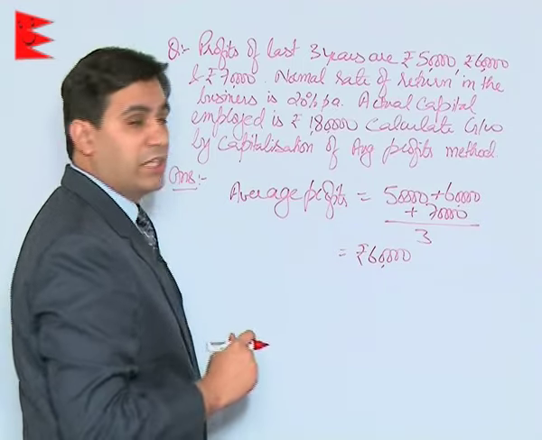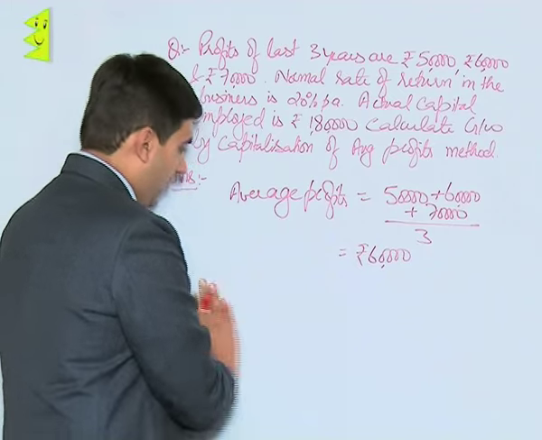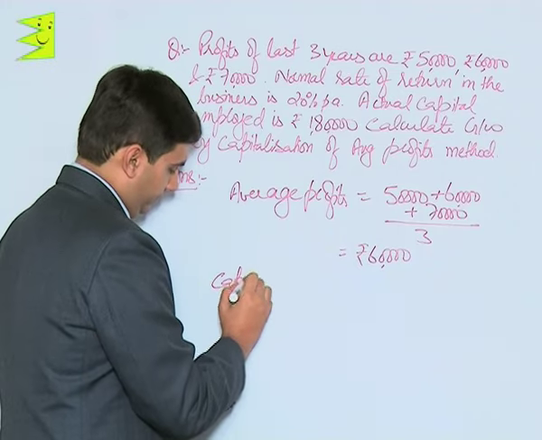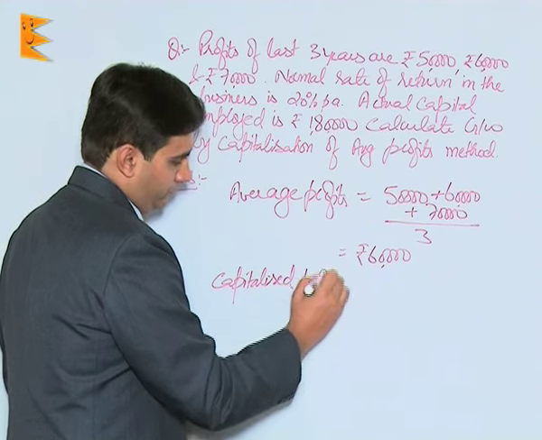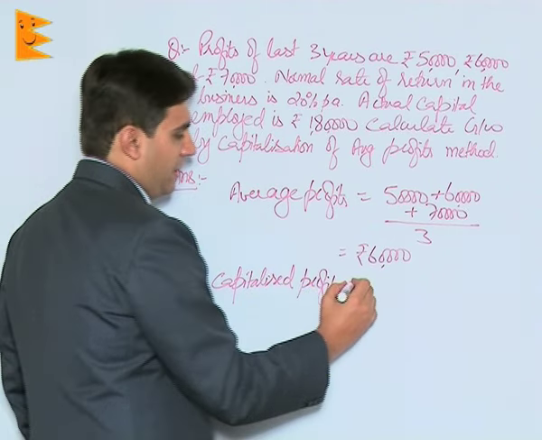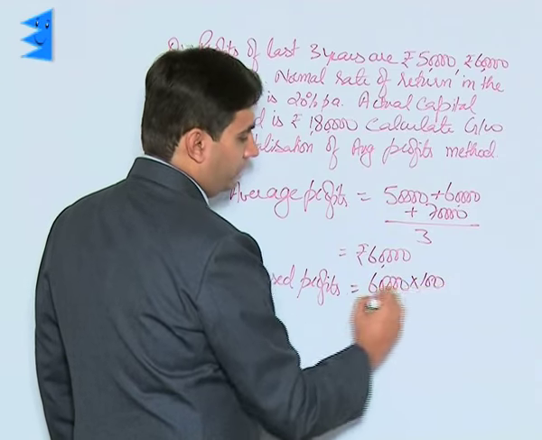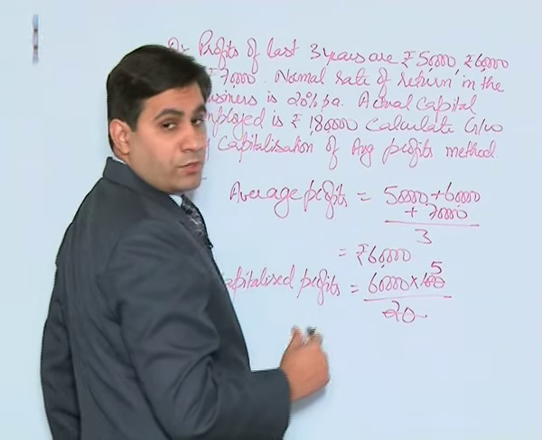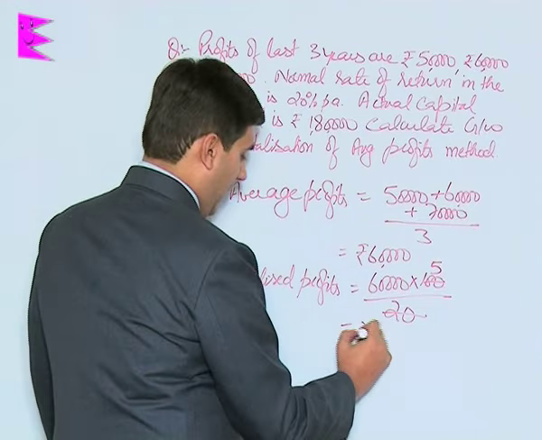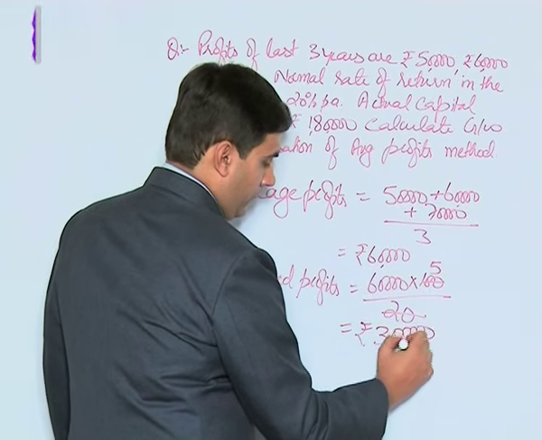The normal rate of return in the business is 20%. So capitalized profits are 60,000 into 100 upon normal rate of return, which is 20. So multiplied by 5, capitalized profits are 3 lakh.